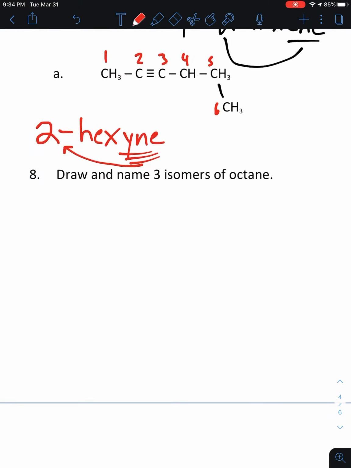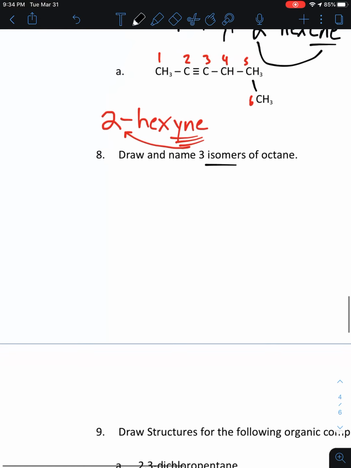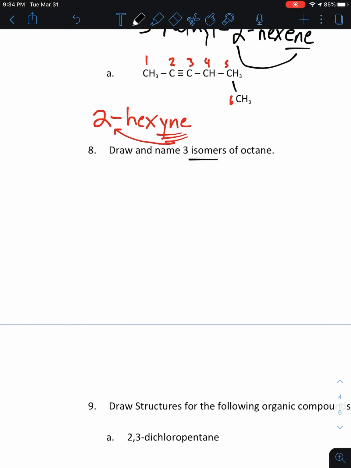All right, number 8, probably a tough one for some of you. Isomers, I did kind of mention it in class, but this will be a little less review and more just kind of learning here. Octane would normally be 1, 2, 3, 4, 5, 6, 7, 8. It would look like this with 8 carbons.